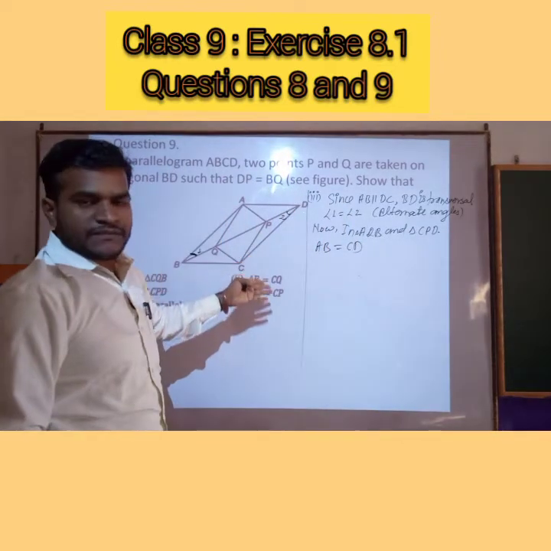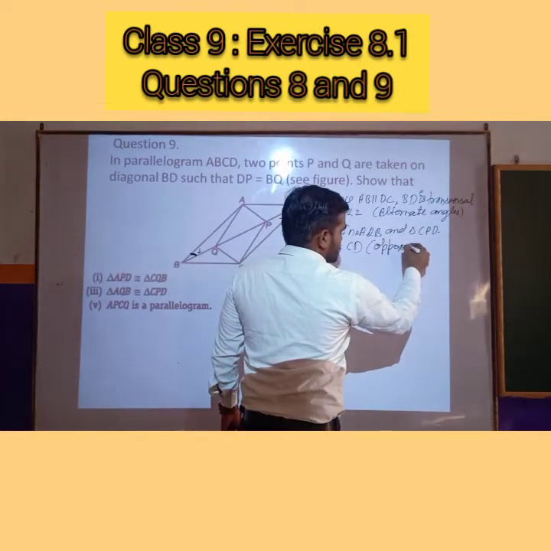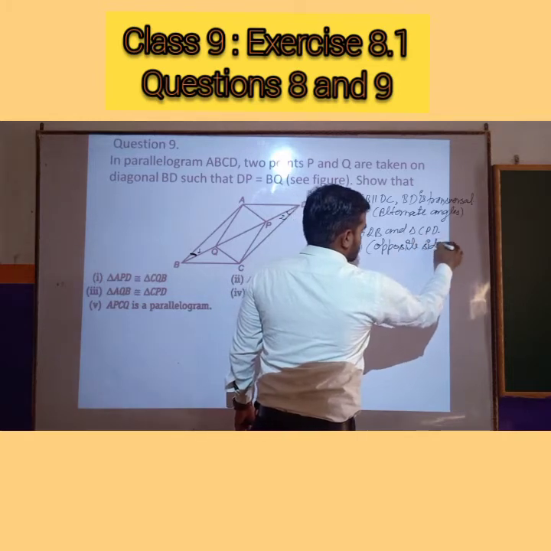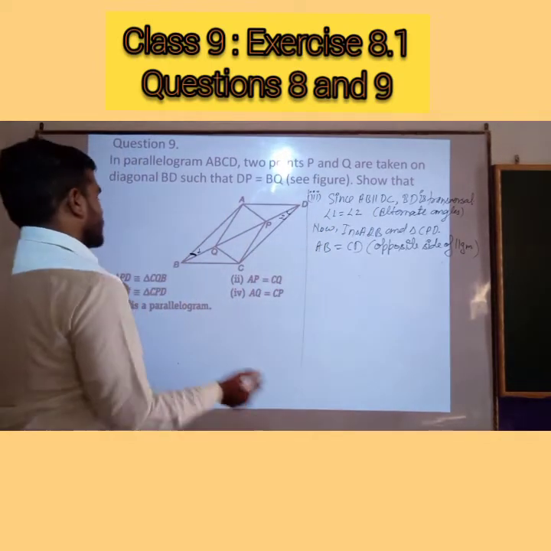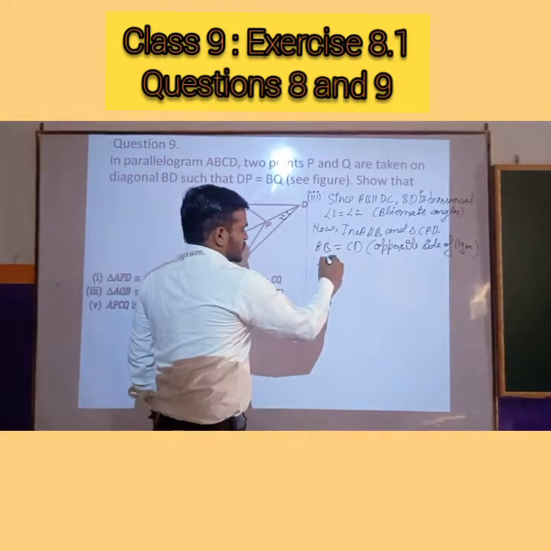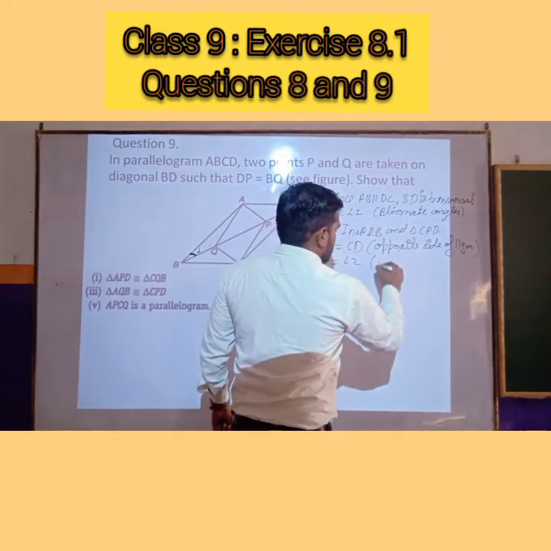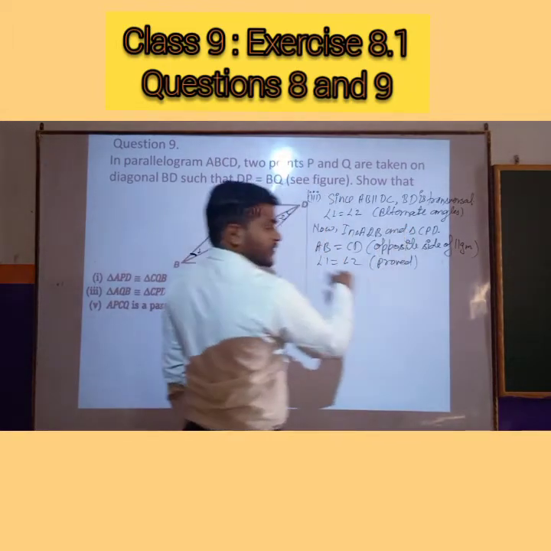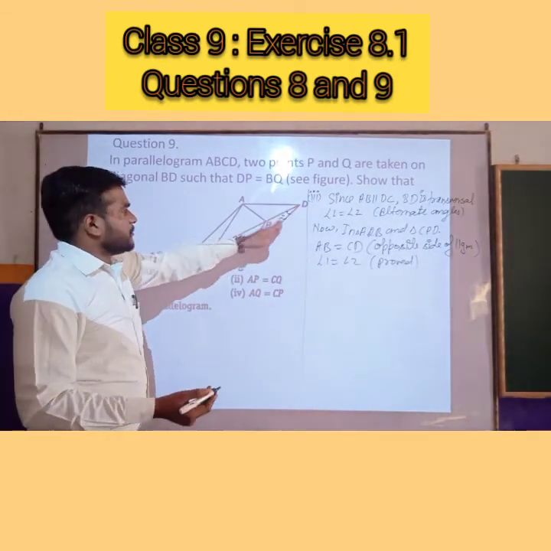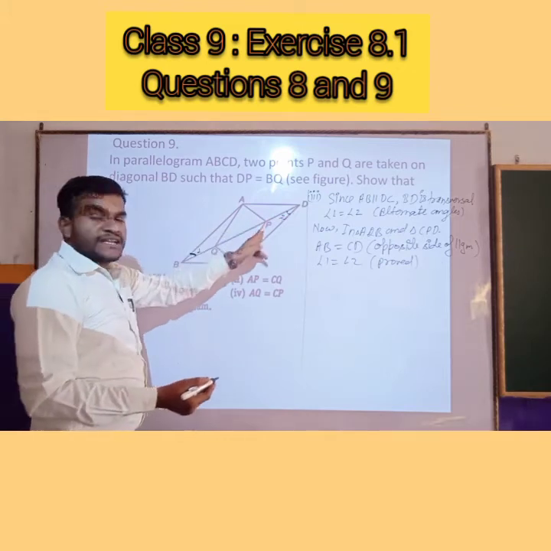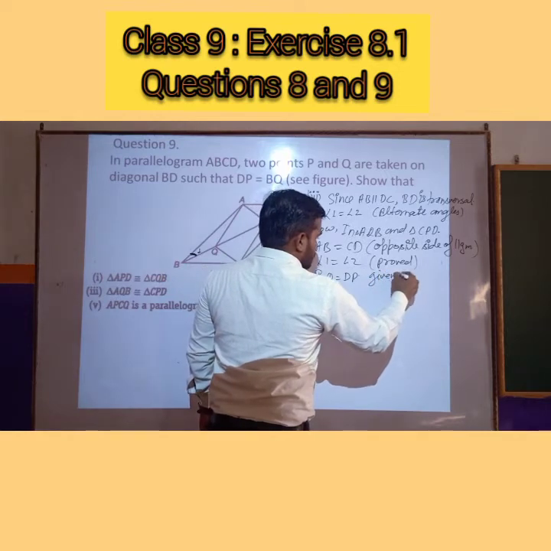They are opposite sides of a parallelogram, and we know that opposite sides of a parallelogram are equal. Angle 1 is equal to angle 2, which we have already proved. And BQ is equal to DP, that is given.